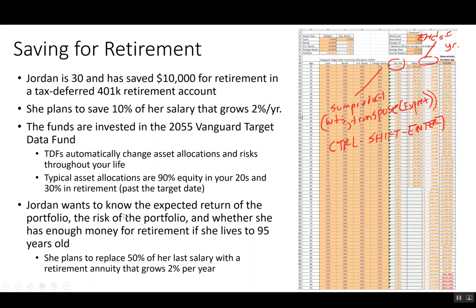And Jordan wants to know the expected return of the portfolio and whether she has enough money for retirement if she lives to 95 years old. Another big assumption is that she retires at age 65, and when she turns 66, she wants to start withdrawing money out of her portfolio to replace 50% of her ending salary. Let's go to the spreadsheet and talk about that.